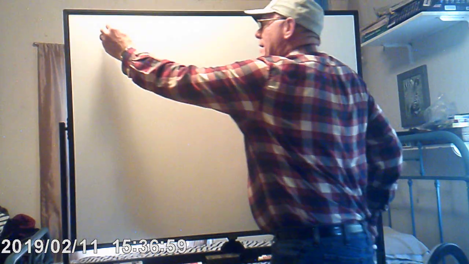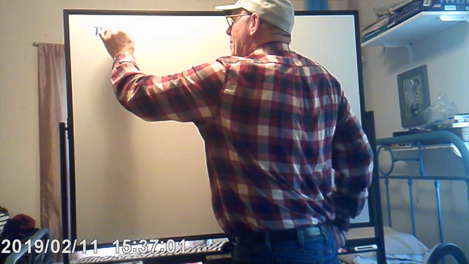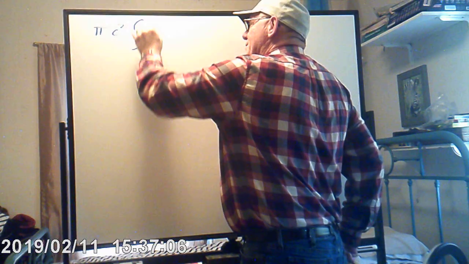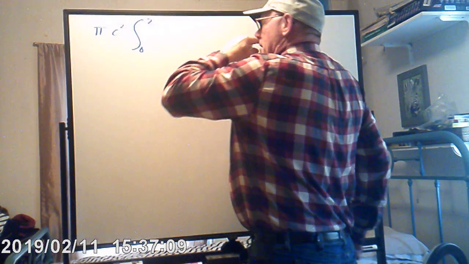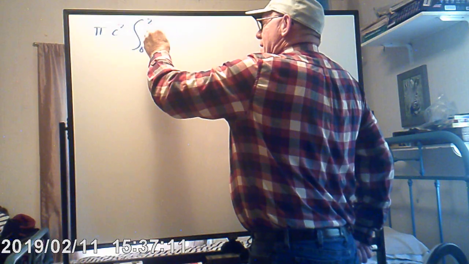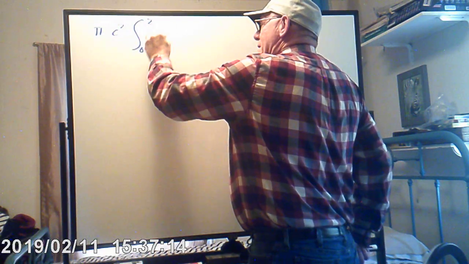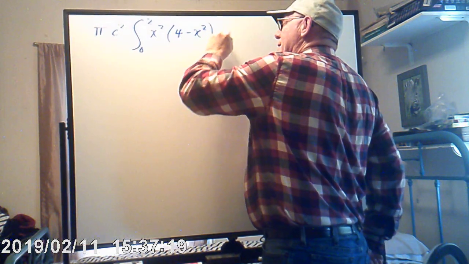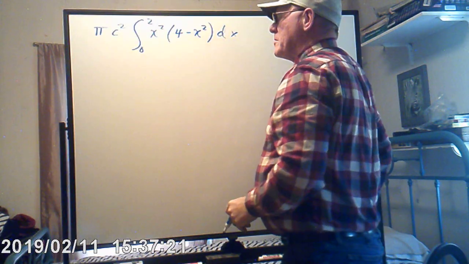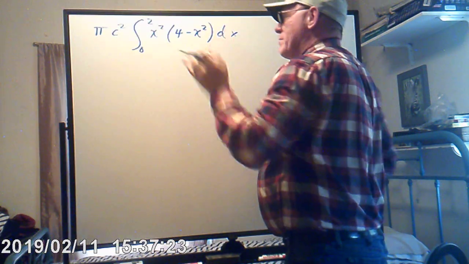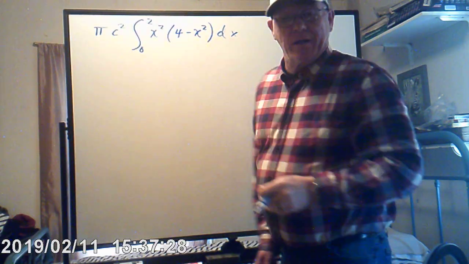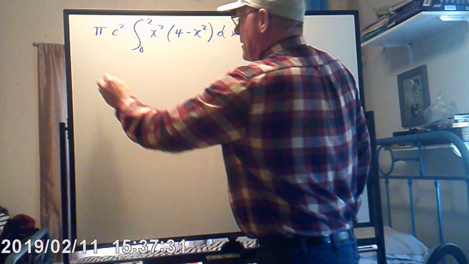So we have pi, and I want to put c squared on the outside. We are going from 0 to 2, and we have c squared x squared times 4 minus x squared dx, because we took that square root off when we squared it. I'm going to distribute that x squared on both terms.